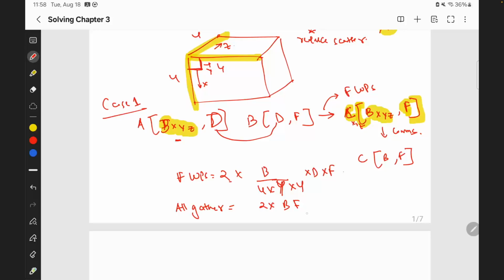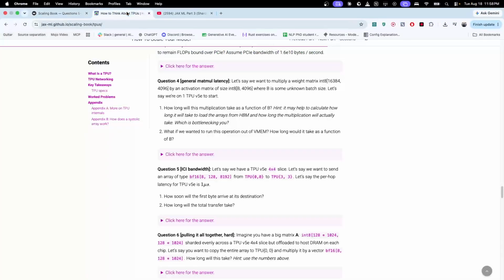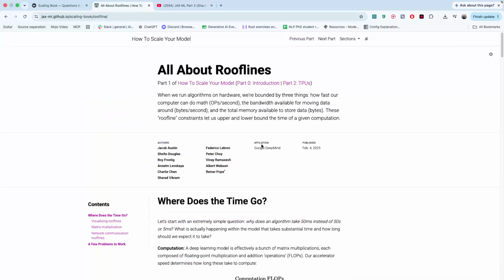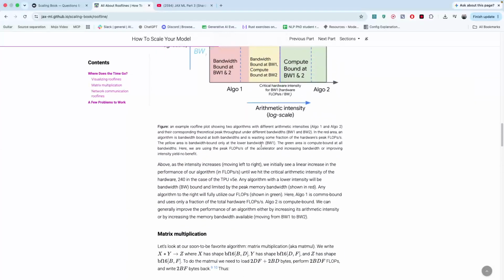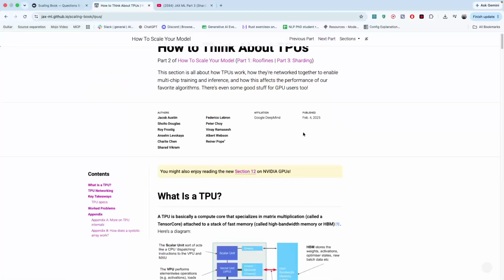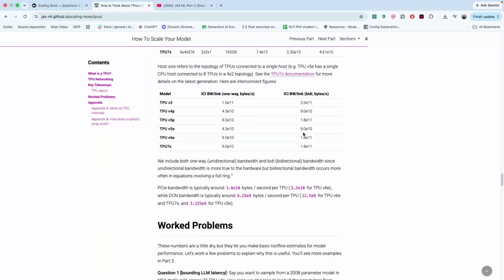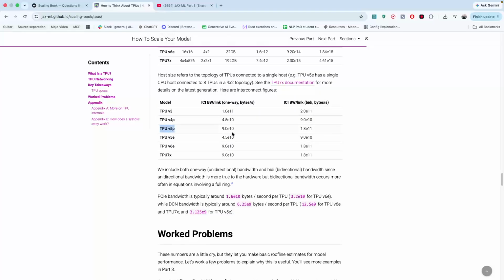This is the total size of the array divided by the bandwidth. You have 3 axes here, and you will be doing all gather across the 3 axes, so it will be 3 into the bandwidth. And the bandwidth, if I go back to how to think about TPUs, the previous part, we are talking about the V5P architecture.